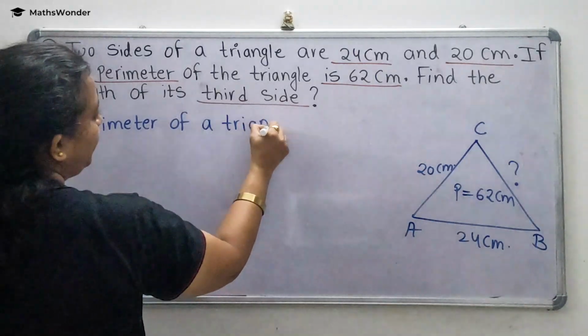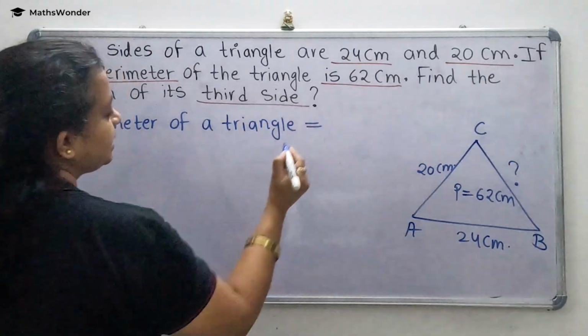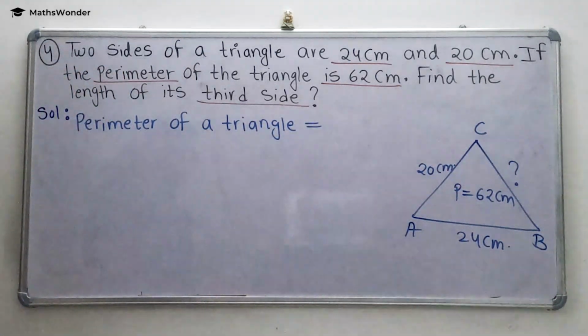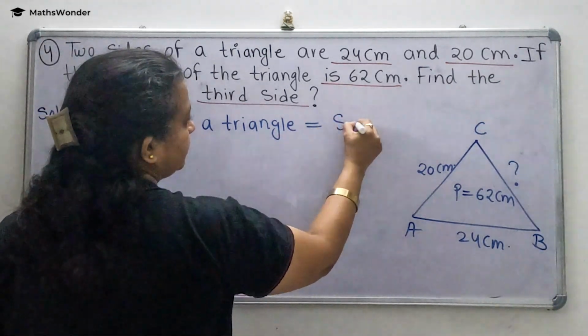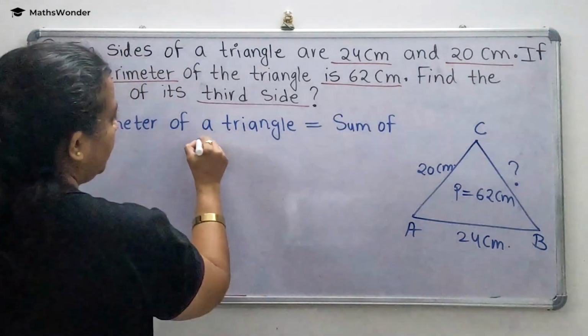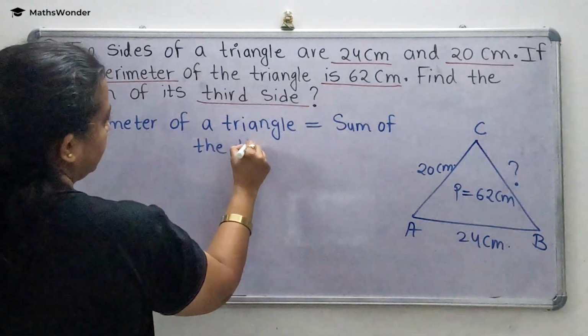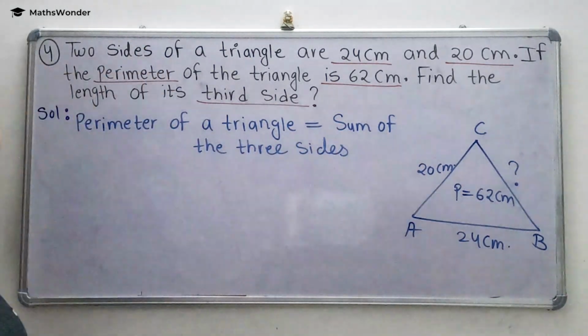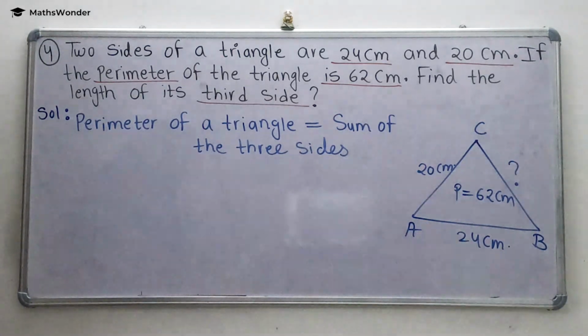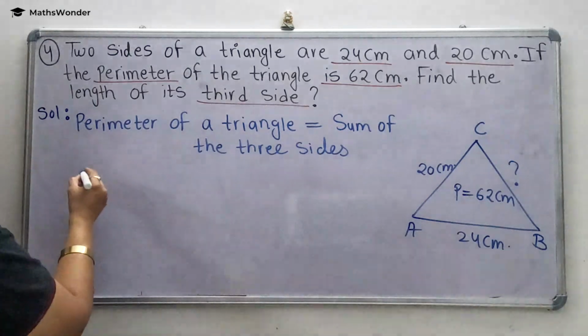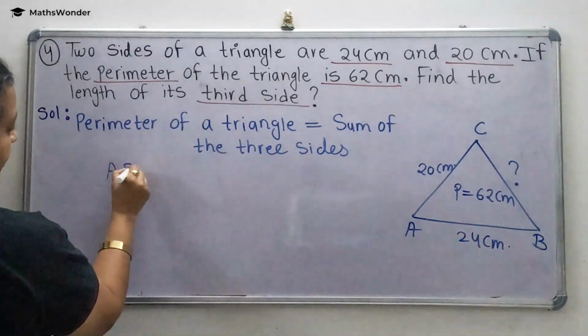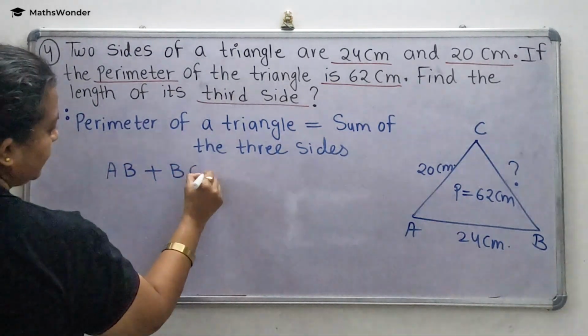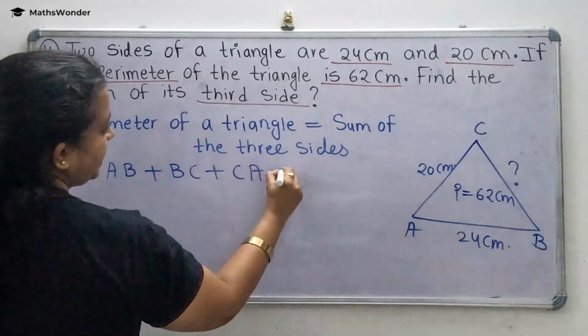Correct. So the perimeter of any triangle is the sum of the three sides, right? Yeah. Sum of the three sides. This is the perimeter of a triangle. Then suppose, write down AB plus BC plus CA.